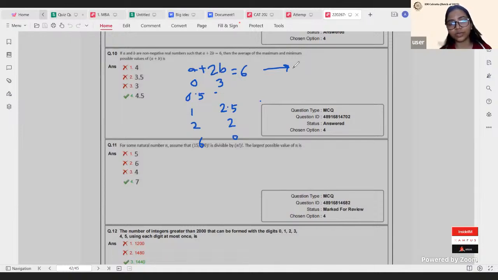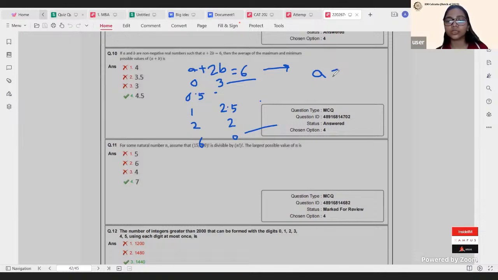Because why this happens is basically because of the coefficient of b. So here we find the minimum value to be 3, maximum value to be 6, and the average to be 6 plus 3 whole by 2, that is 9 by 2, that is 4.5.